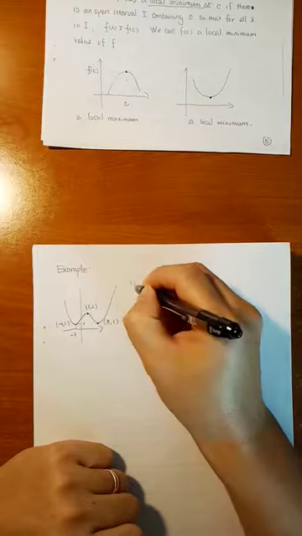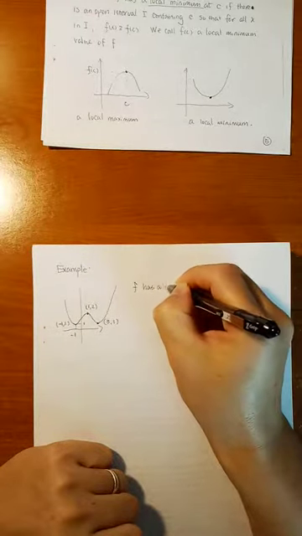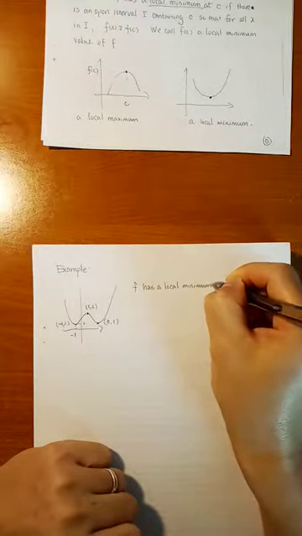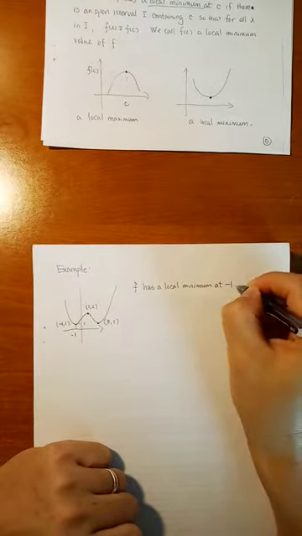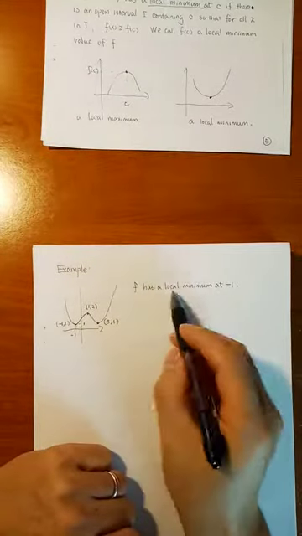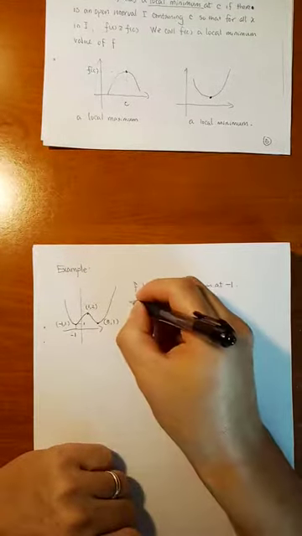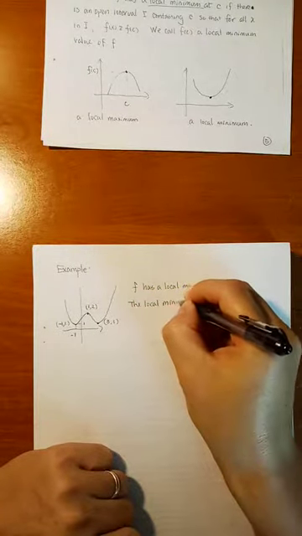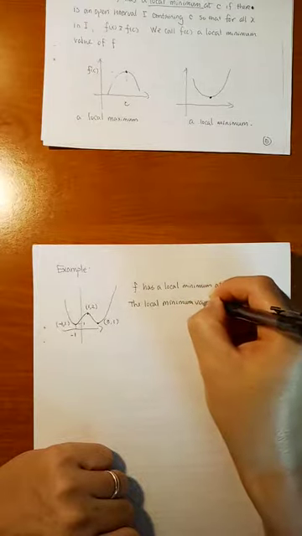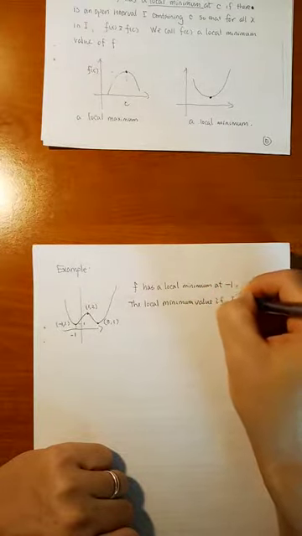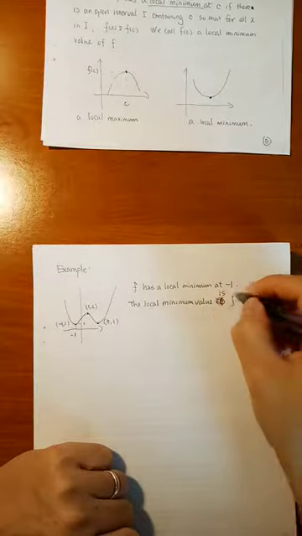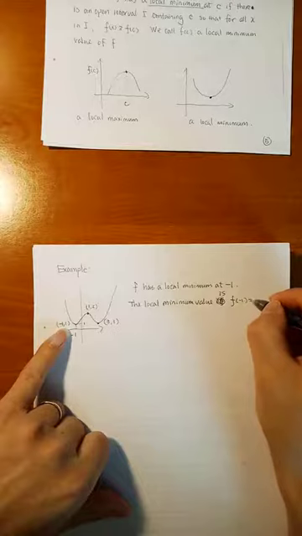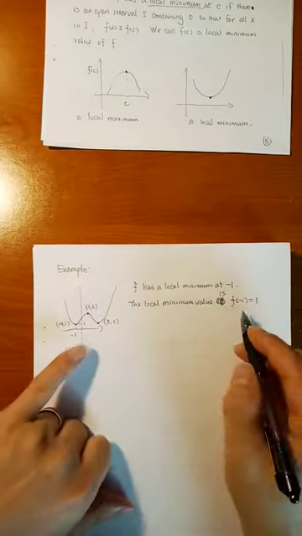So we can say f has a local minimum at -1. So this is the language: f has a local minimum at -1. The local minimum value is f of -1. We read the y coordinate, f of -1 is 1. So the value is 1.